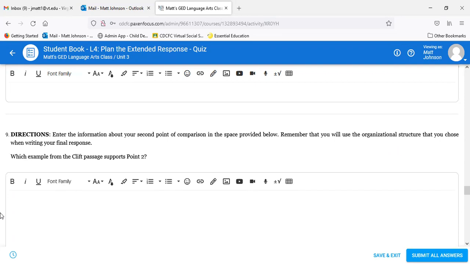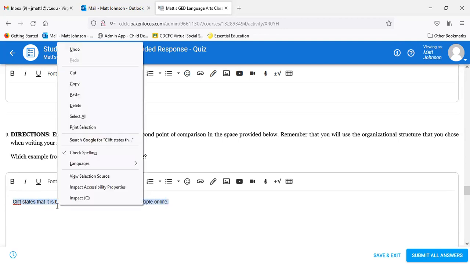So we'll say Clift states that it is hard to communicate with, we'll say anonymous, right? Because she uses anonymity with anonymous people online. Okay. I'll copy and paste that.